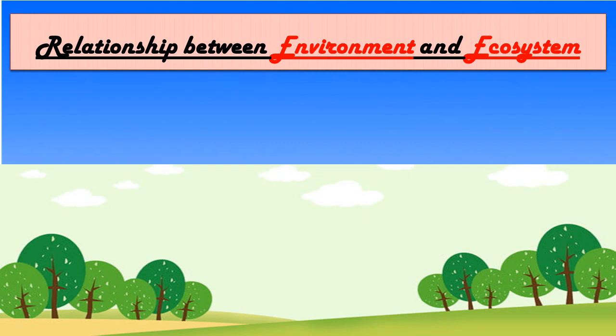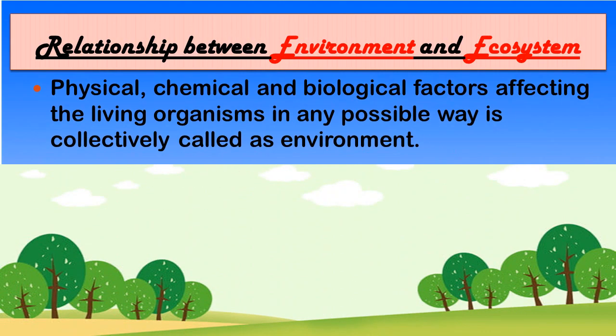Now let's understand the relationship between environment and ecosystem. Students, environment is a very broad concept, and physical, chemical and biological factors affecting the living organism in any possible way are collectively called the environment. In short, the combination of physical, chemical and biological factors everywhere, whether on land or water, is called an environment.